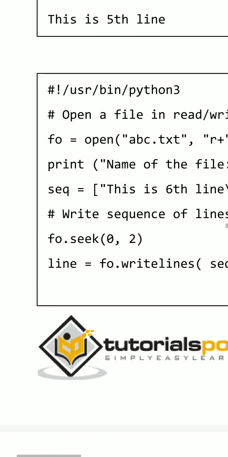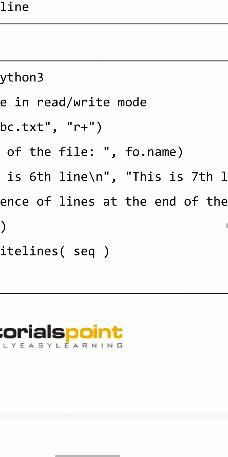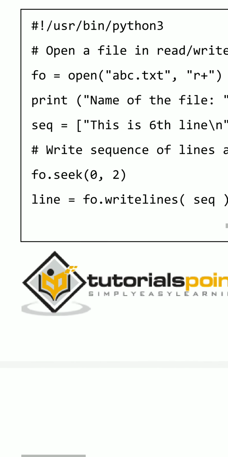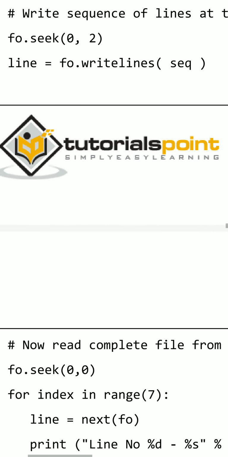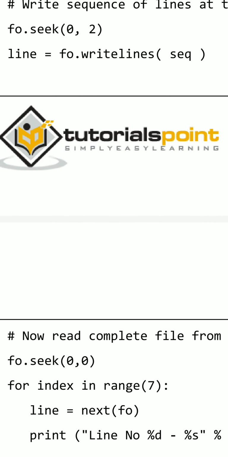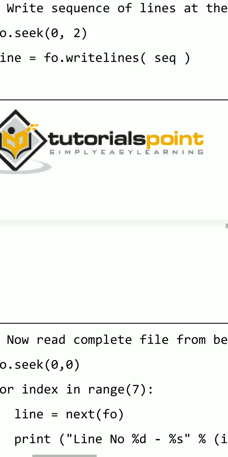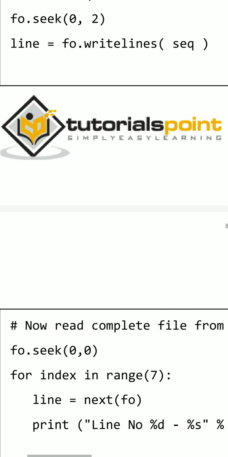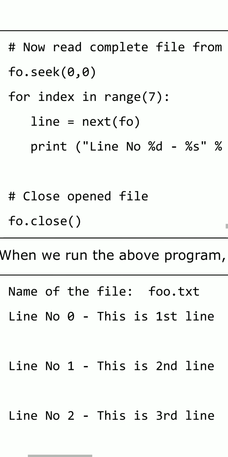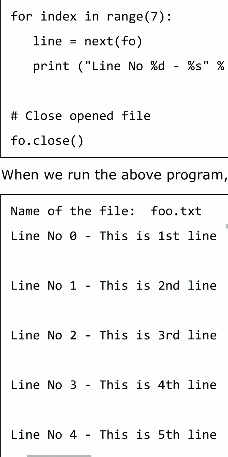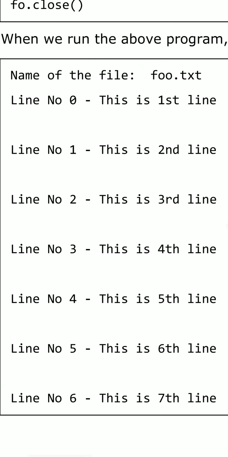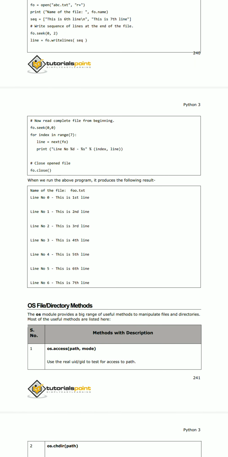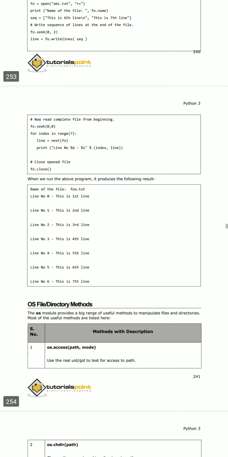I have taken a program, opened a file in read plus mode and printing the file name, and then written the 2 lines of sequence, then the seek method is called, and then I write the 7 lines. So from position 0 to the 6th position, 7 lines are written in the file abc.txt, and then closing the same file I have opened.